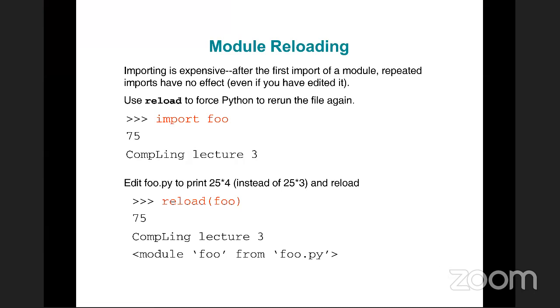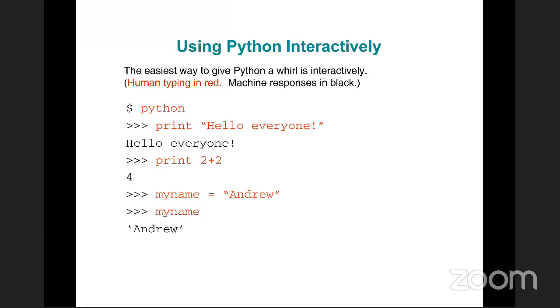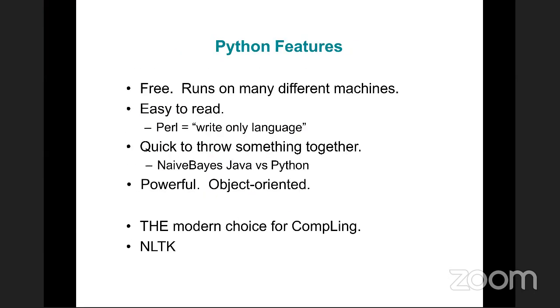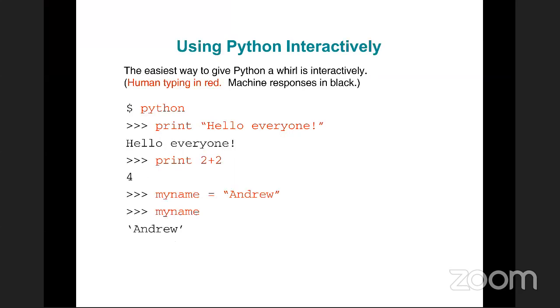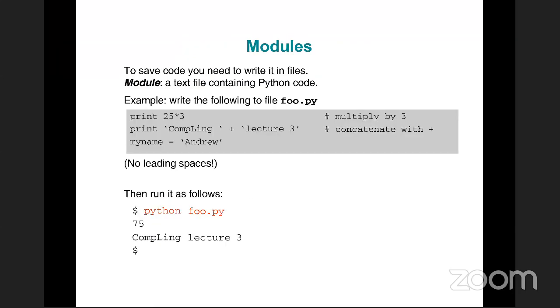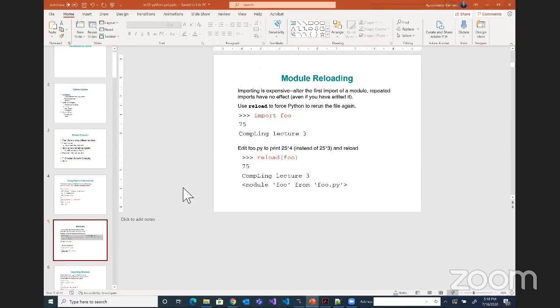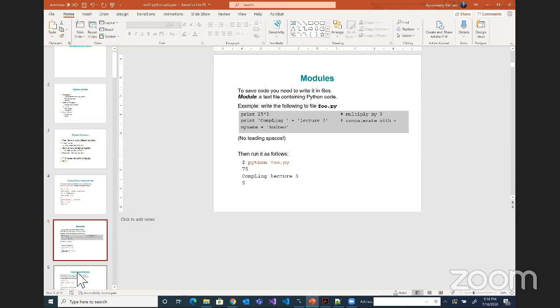Okay, so we talked about, you guys remember all these things, right? We talked about different modules in Python. We used a foo.py, and we can load modules in Python by importing, and you can run the code from the command prompt as well, right?